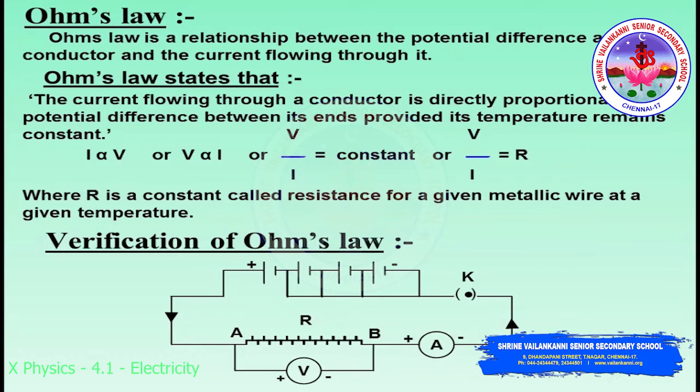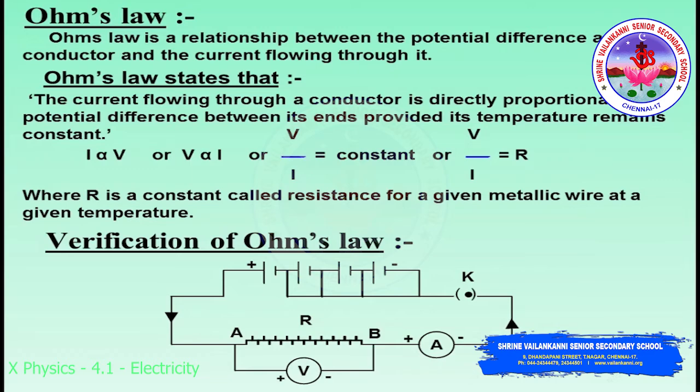That means the current I is directly proportional to the potential difference V, or we can say V is directly proportional to I, or V by I is equal to a constant, the proportionality constant. That is Ohm's law. R, the resistance, is the proportionality constant of a given metallic wire at a given temperature.